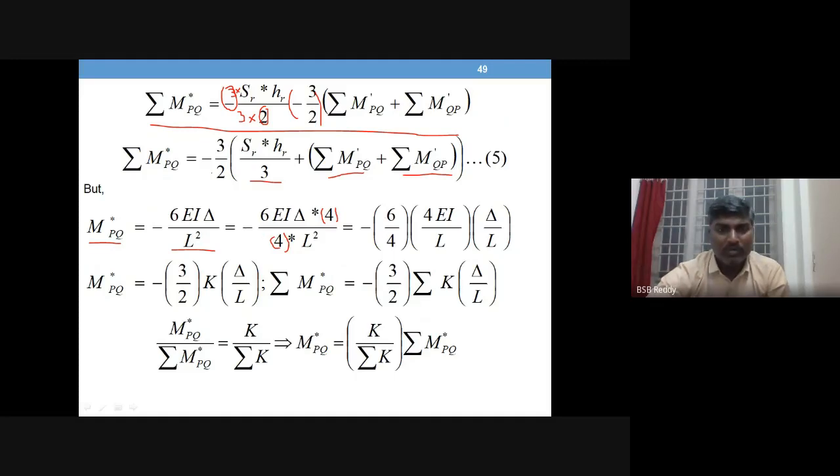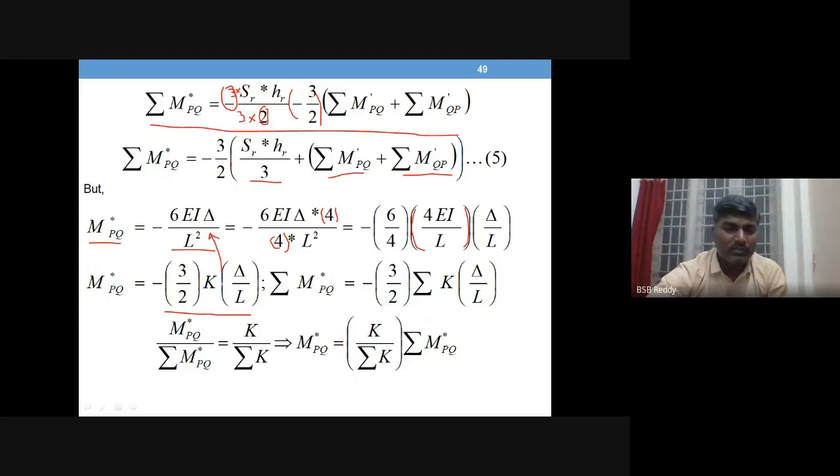So to accommodate minus 3 by 2, we are introducing 4 into this expression. So minus 6 by 4, and remaining is 4 EI delta by L square. So 4 EI by L, I'll write it as a single term, delta by L another term. So it will be 4 EI delta by L square. So minus 3 by 2 k times delta by L. This is nothing but 6 EI delta by L square only.